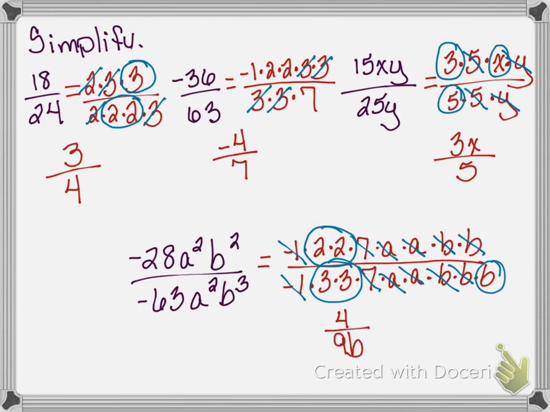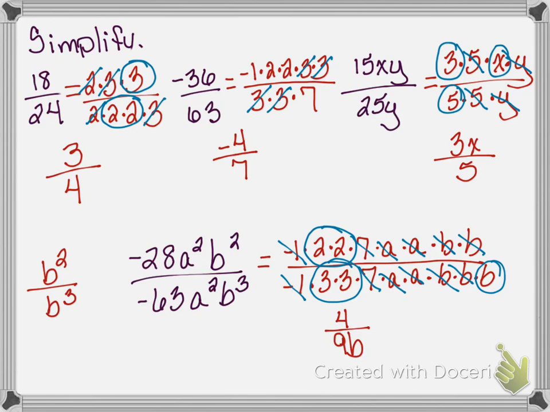Now, if we go back to our exponent rules, so I have b squared over b to the third. Our exponent rules say that when we are dividing exponents, we subtract. What's the difference between 2 and 3? 1. Okay?